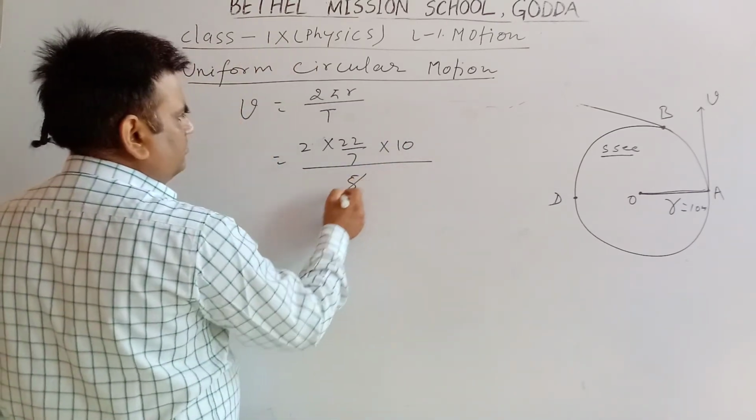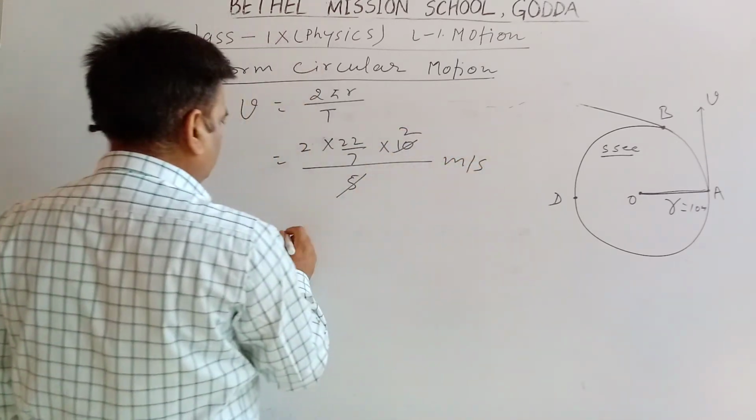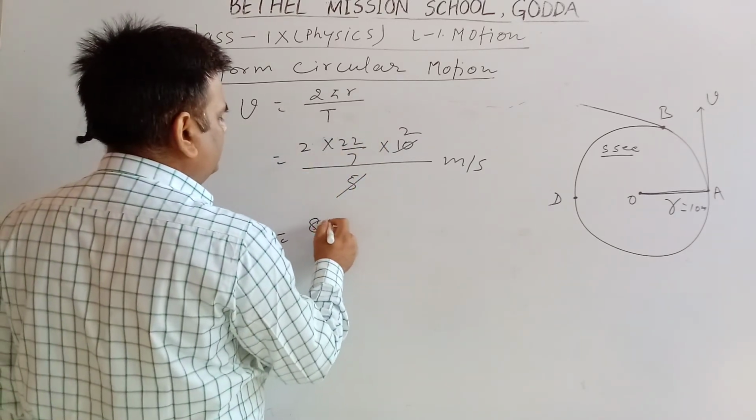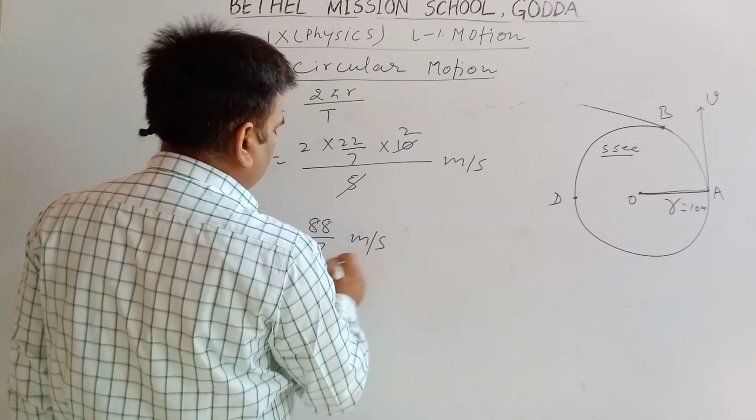So 5 into 10 meter per second. 4 into 22, 88 by 7 meter per second.